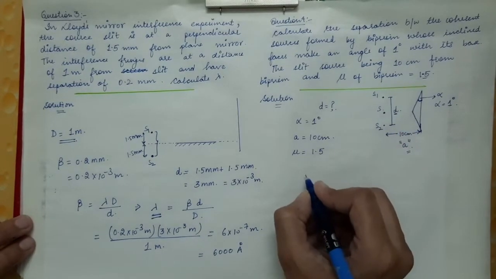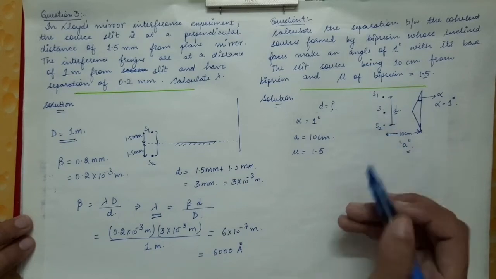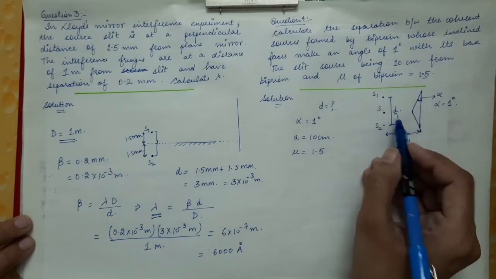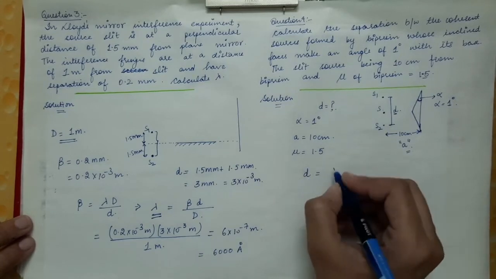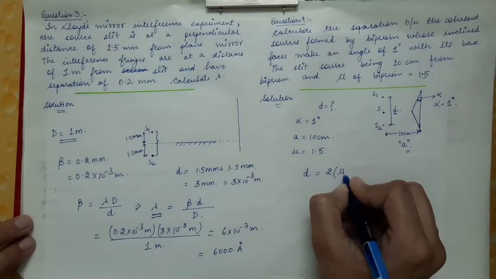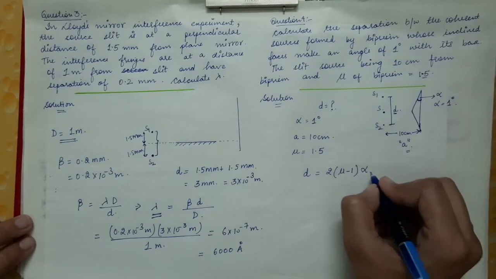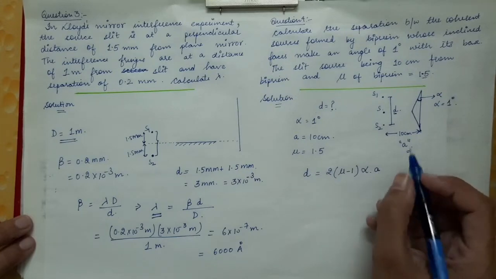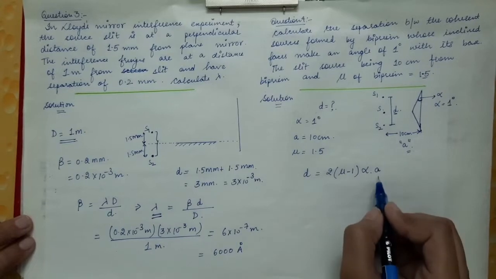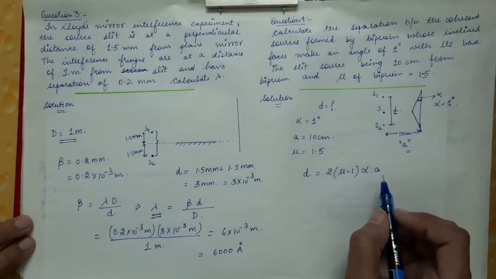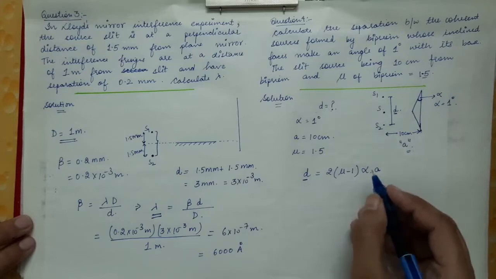So in the method using the angle of deviation, we deduced the formula that d, the separation between the two sources, is equal to twice of mu minus 1 into alpha, which is the angle of the prism, times a, and a is the distance of the source from the biprism. This formula we had derived in the deviation method to find the distance between the two coherent sources.